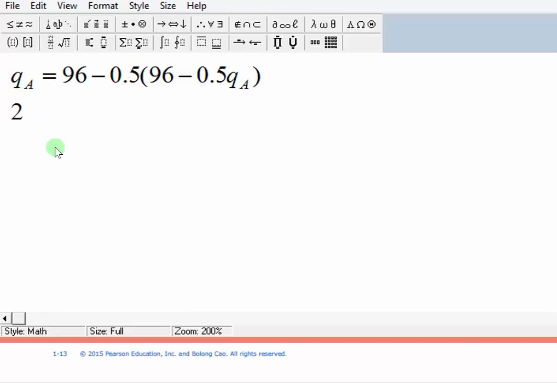So I have 2 times QA equal to 192, which is 2 times 96, minus, in parentheses, 96 minus 0.5 times QA.